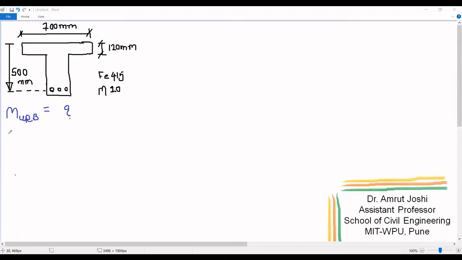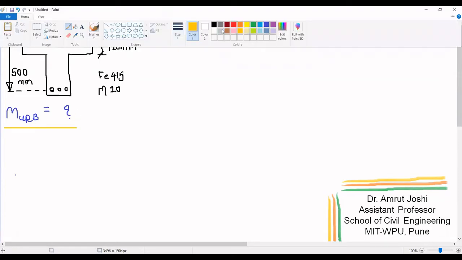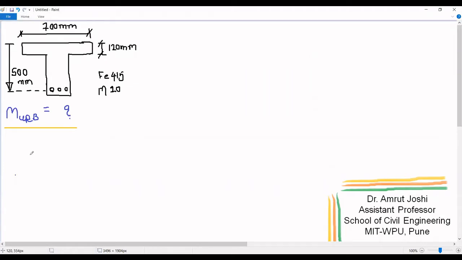So for that, the first step that we are going to do is estimate the location of neutral axis for balanced section from extreme compression fiber. That is XUB.